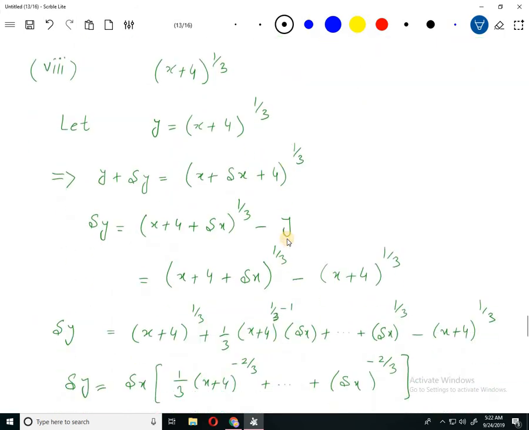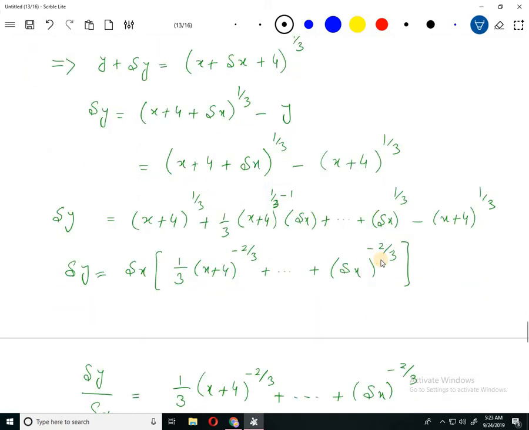And this is the next question. Again, the same technique will be applied. I have considered this function as y, and after taking increment on both sides, this is what I got, and delta y will be equal to this one minus y, and I have replaced y with this one. Again I have applied the binomial theorem on these terms.